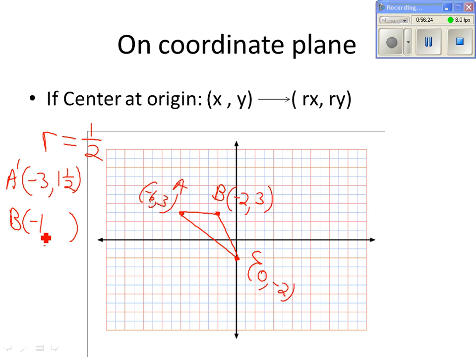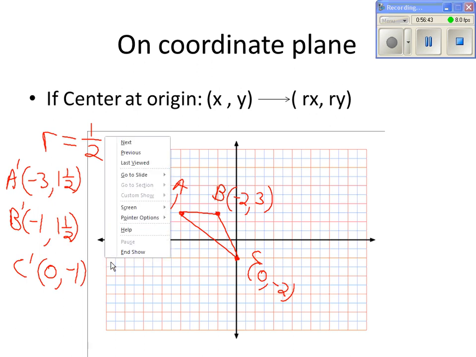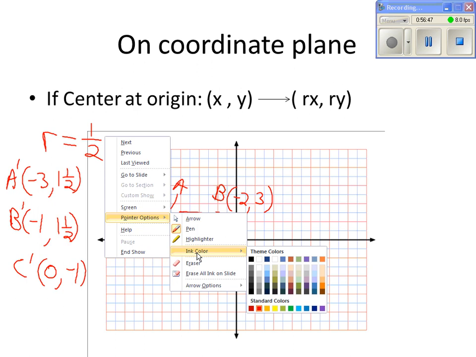What's 1/2 times 3? 1.5 again. That's B prime. C prime: what's 1/2 times 0? 0. What's 1/2 times -2? -1. Now, if I graph all three of those, I'm going to change my ink color so that I can show it.